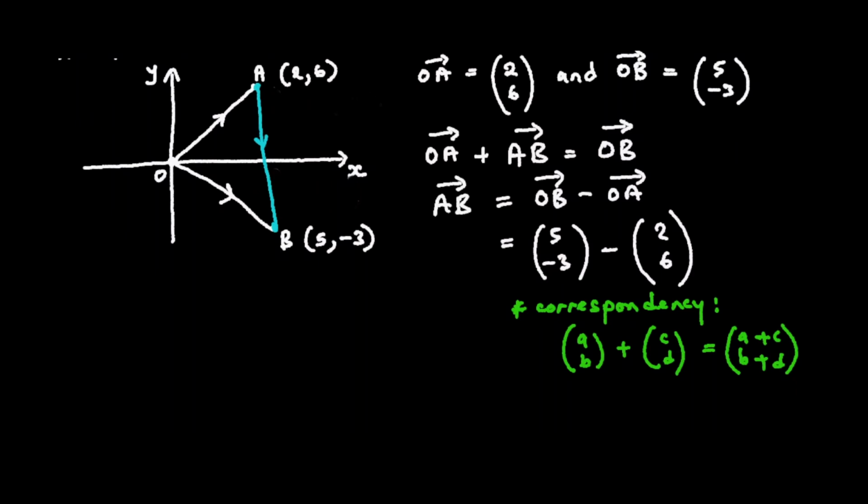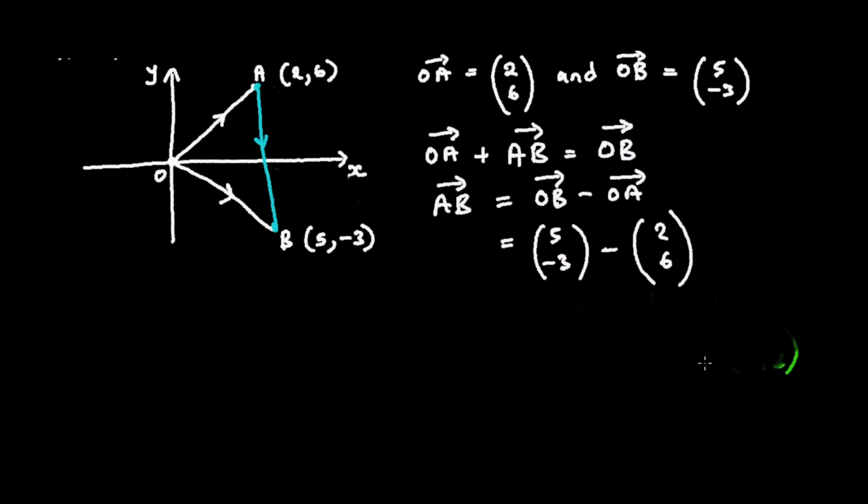So to know AB, we say AB is equal to 5 subtracting 2, because 5 and 2 correspond, they are joined by this arithmetic operator minus.